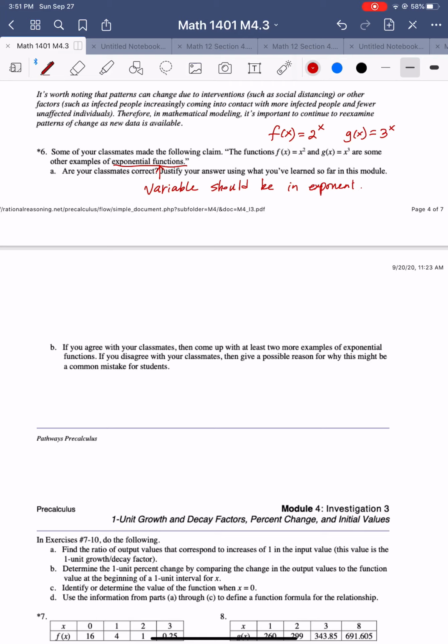Because when we have exponential functions, it grows this way. You can see the difference here. When you have x squared versus 2 to the x power: x is 0, 0 squared is 0, but 2 to the 0 power is 1. 1 squared equals 1, but 2 to the first power is 2. 2 squared is 4, and 2 to the 2 comes out the same.